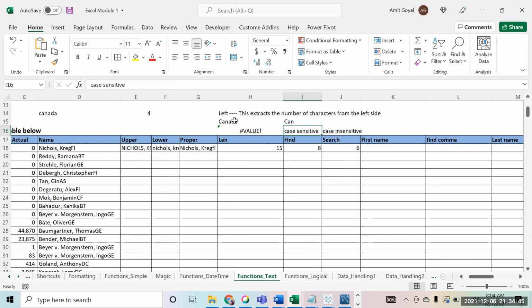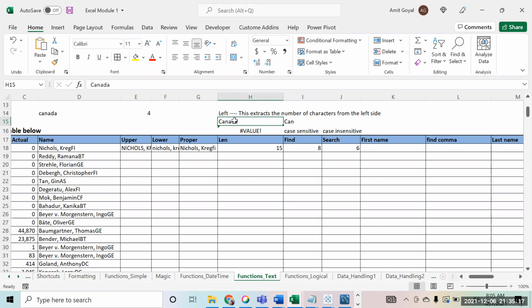So it will give me the first 3 characters from the left hand side. Getting it?